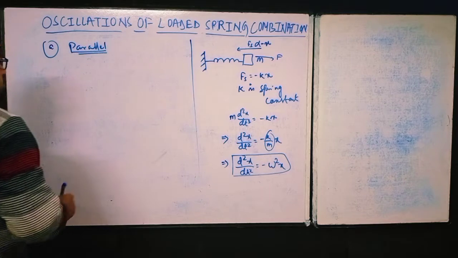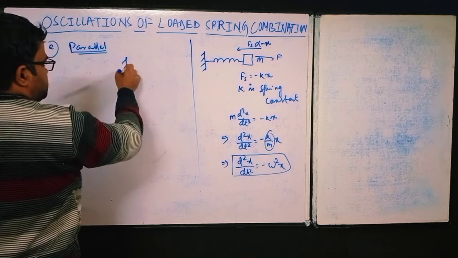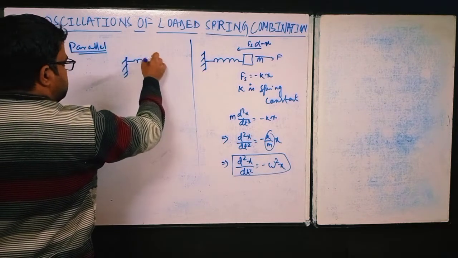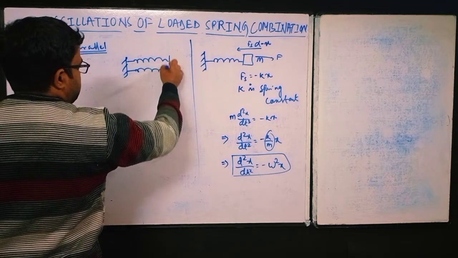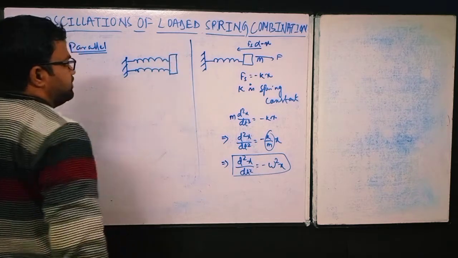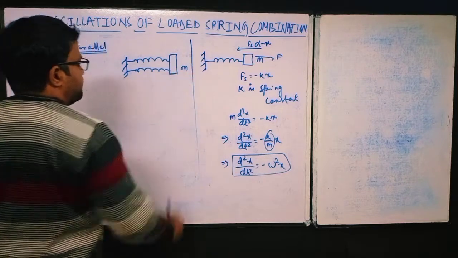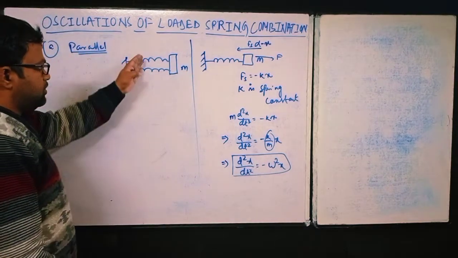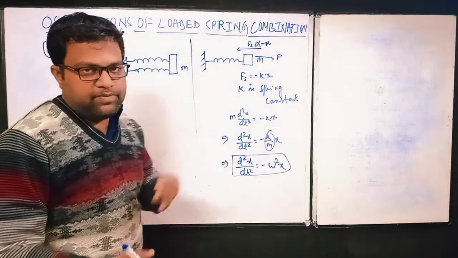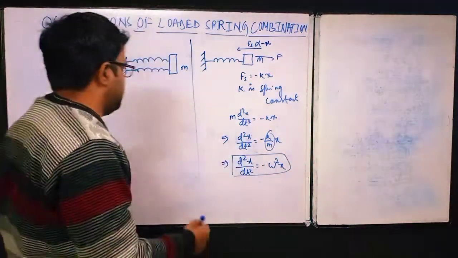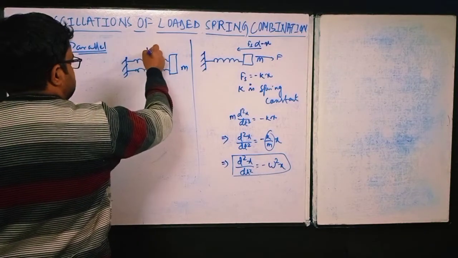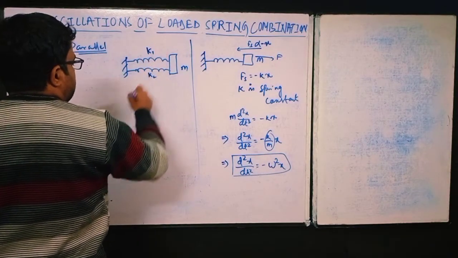If springs are there, basically two springs we'll check, though you can connect n number of springs, and both are connected to a single mass, let's say m. As the springs are different, maybe one spring is of aluminum, another of copper or any alloy of a new metal. So let's say the spring constants are k1 and k2.